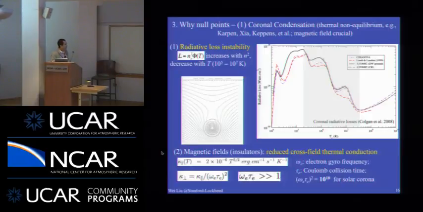Another important ingredient here is the magnetic field, because in the million-degree corona, conduction is so powerful that you need magnetic field to make thermal conduction anisotropic. That can perform like an insulator when you have null points, and heat flux cannot get into these O-type null points. So that can favor cooling condensation.